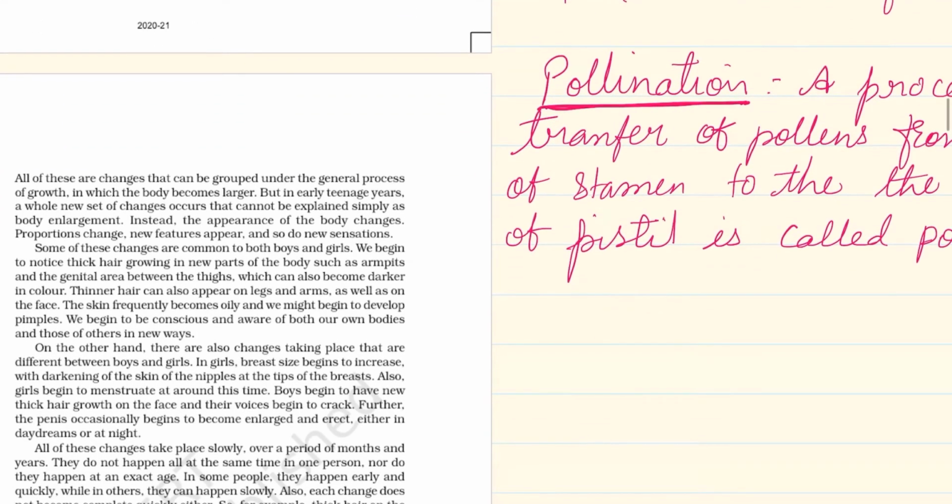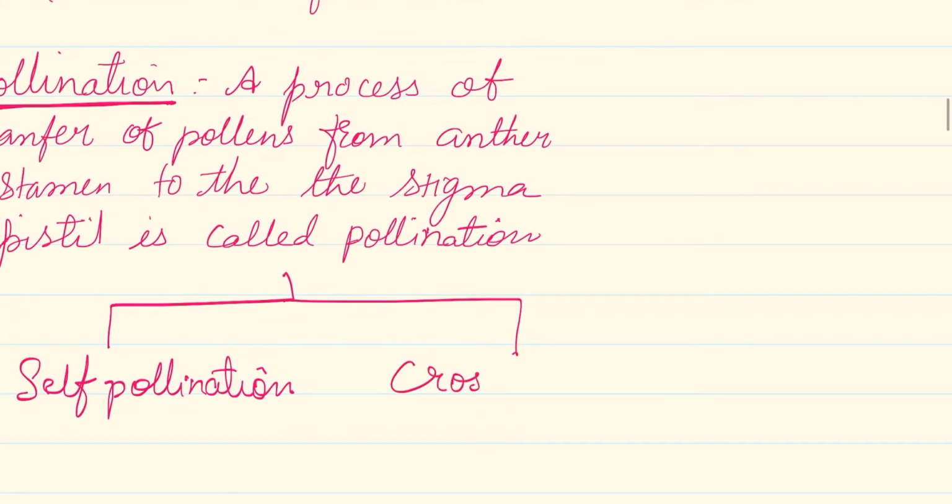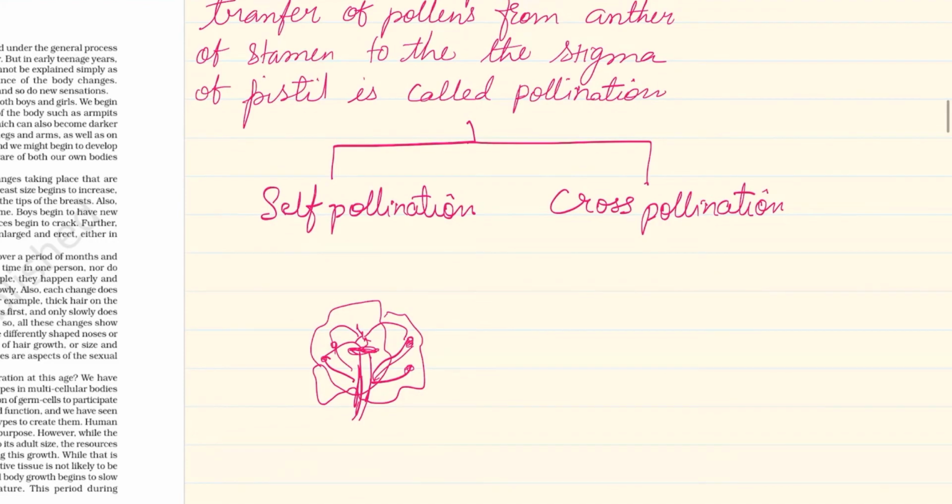Now this pollination can be of two major kinds: self-pollination and cross-pollination. Now what is self-pollination? When the transfer of pollen grains occurs in the same flower, that is, if this is a flower and the pollen grains travel from the anther of the same flower to the stigma of the same flower, then it is called self-pollination.